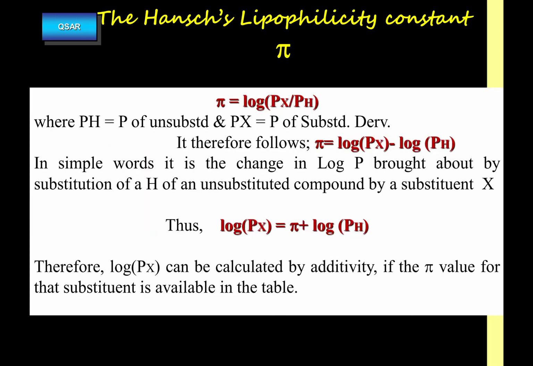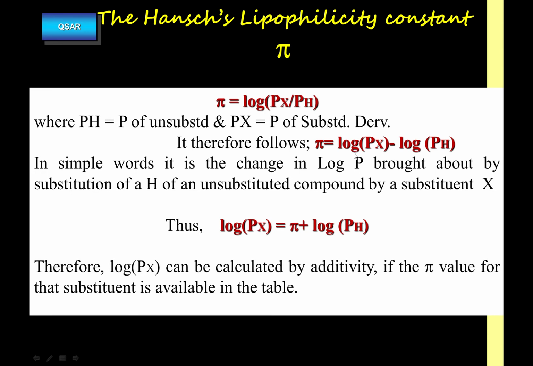So what is pi? Let us see. Pi is basically given by a formula: log of the partition coefficient of the substituted compound over the partition coefficient of the unsubstituted compound. X is the substituted compound, and it therefore follows that if you solve this equation, pi is log PX minus log PH.